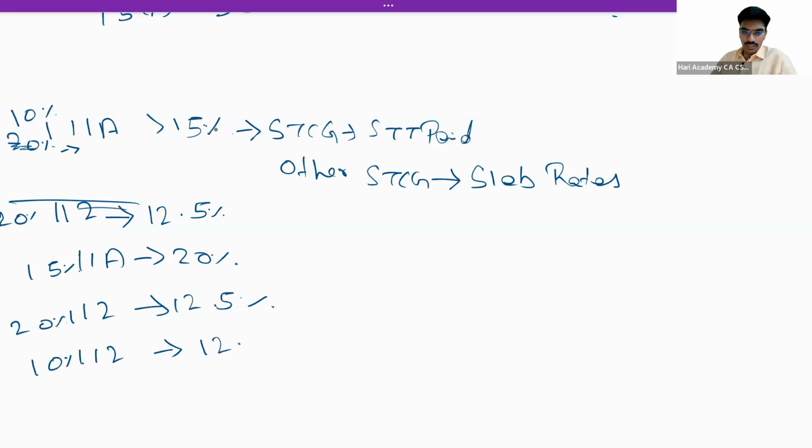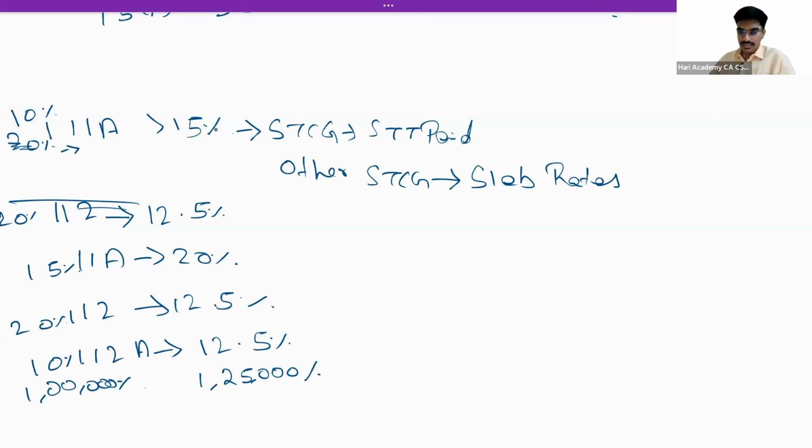Now it is 12.5%. Earlier, the exemption which was available for 112A was 1 lakh. Now it has been changed to 1,25,000. This is the entire rate change difference.